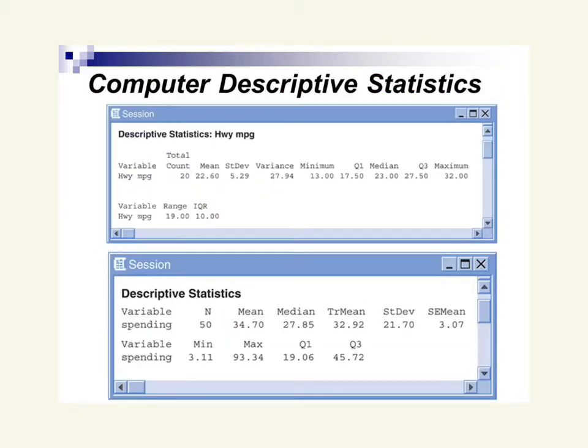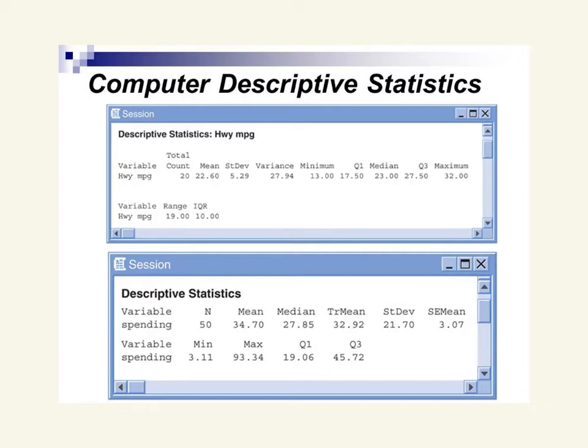To close today, I just want to share with you an example of a couple of computer printouts that we use to represent our descriptive statistics or numerical summaries. So here you can see we have a couple of different computer printouts, but I just want you to see how it gives all of those values that we've talked about today.